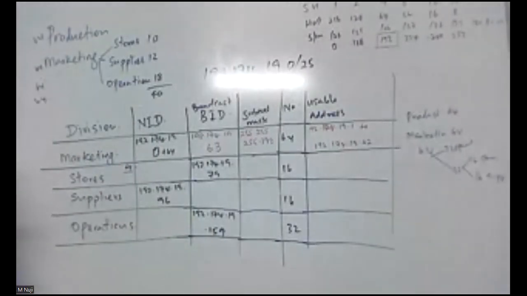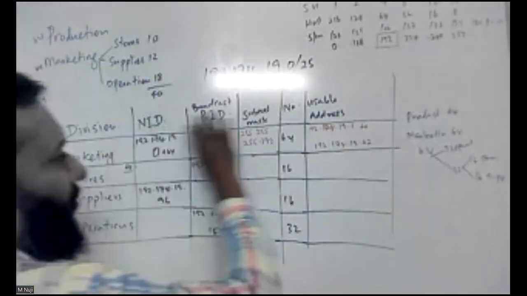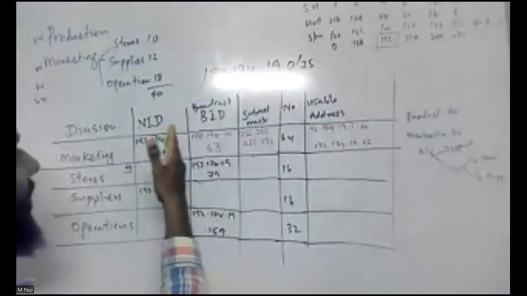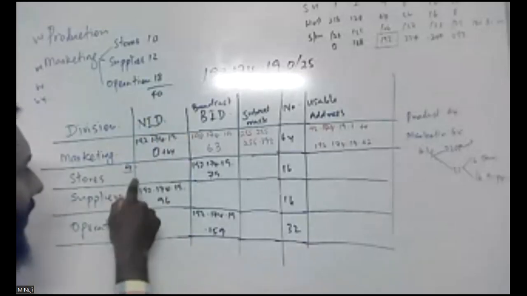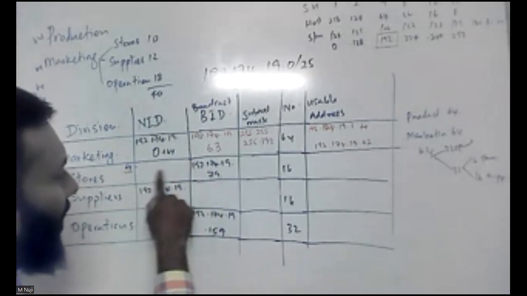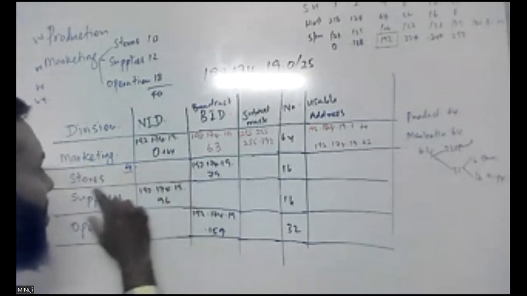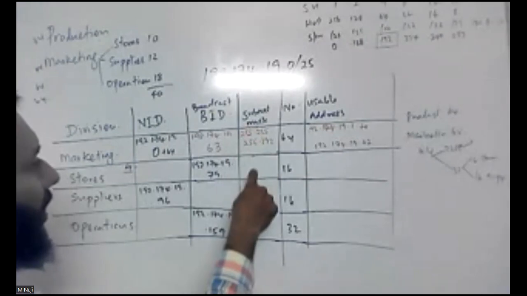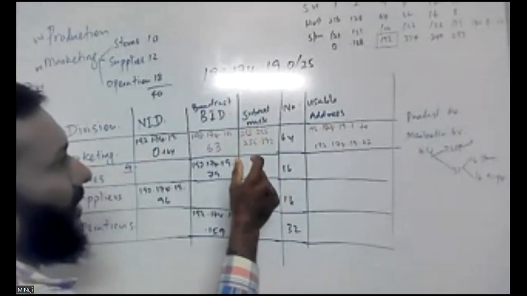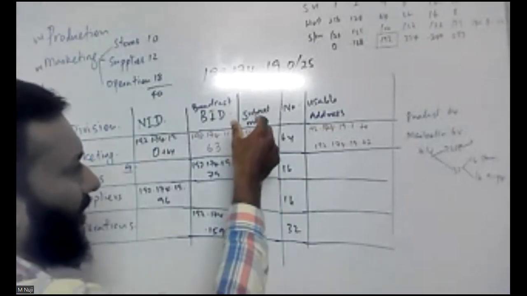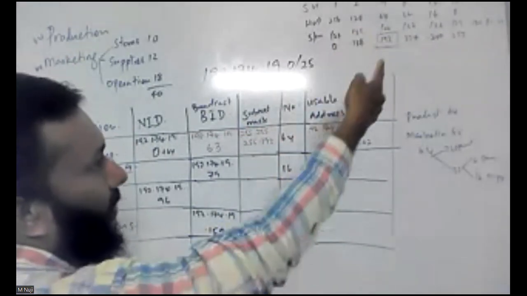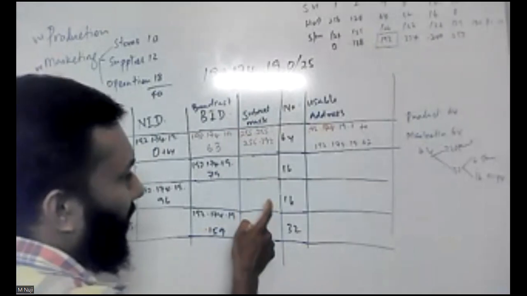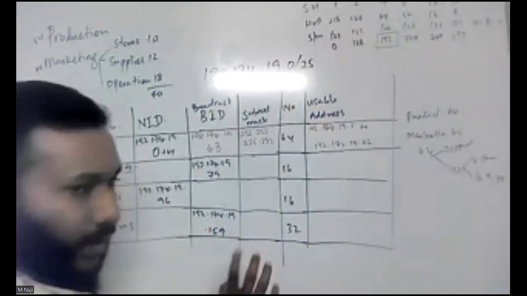Okay, my dear students, look at this carefully. The first one is very simple as usual: you just add the 64. Now the stores start at 64, and here 79. Let's check whether this is the correct answer. I'll explain the subnet mask later; it's very simple. As usual, 16 means 240, and this is 224.